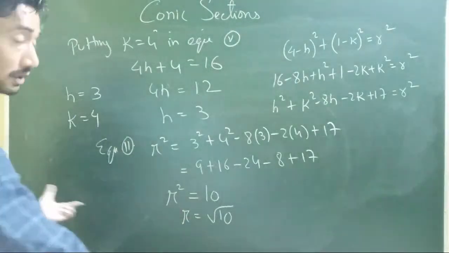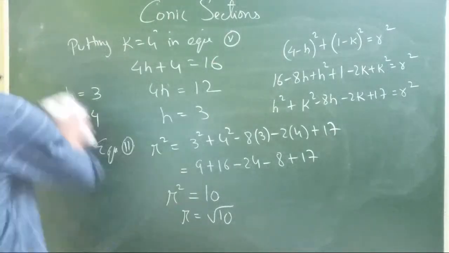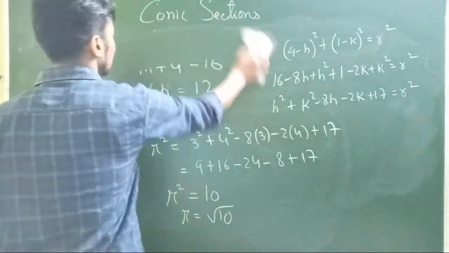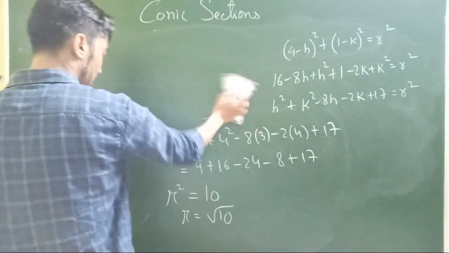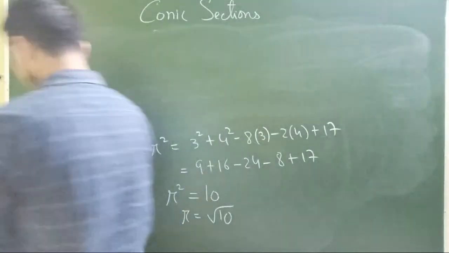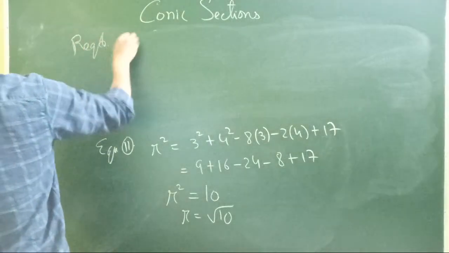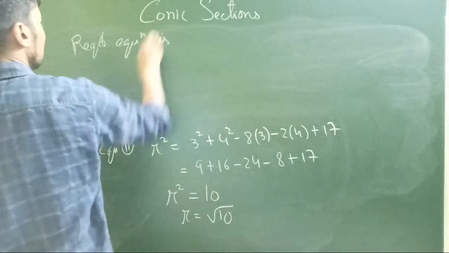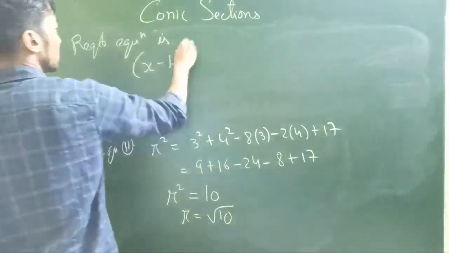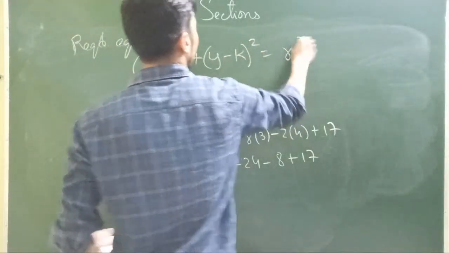Alright, so we have all the variables that we need. Let's go back to equation 1 and frame the equation of the circle. h equal to 3, k equal to 4. So the required equation is x minus h whole square plus y minus k whole square equals r square.